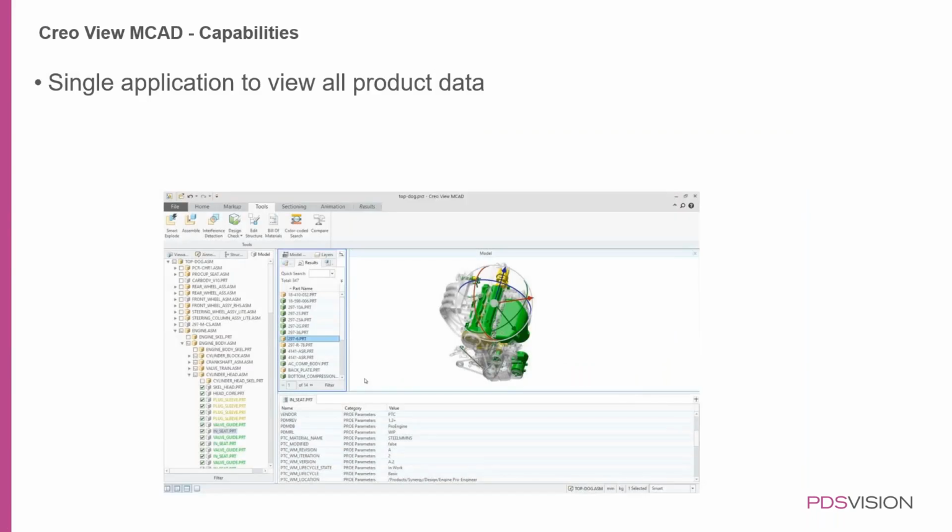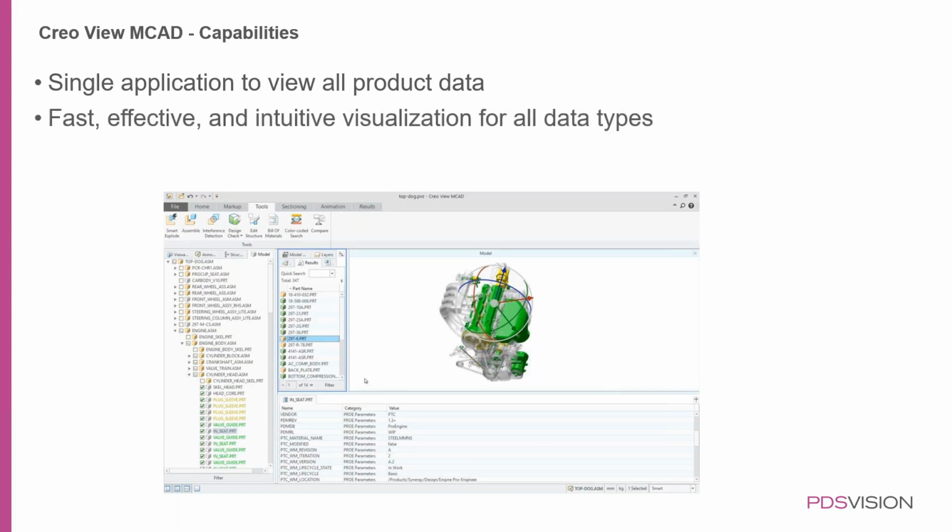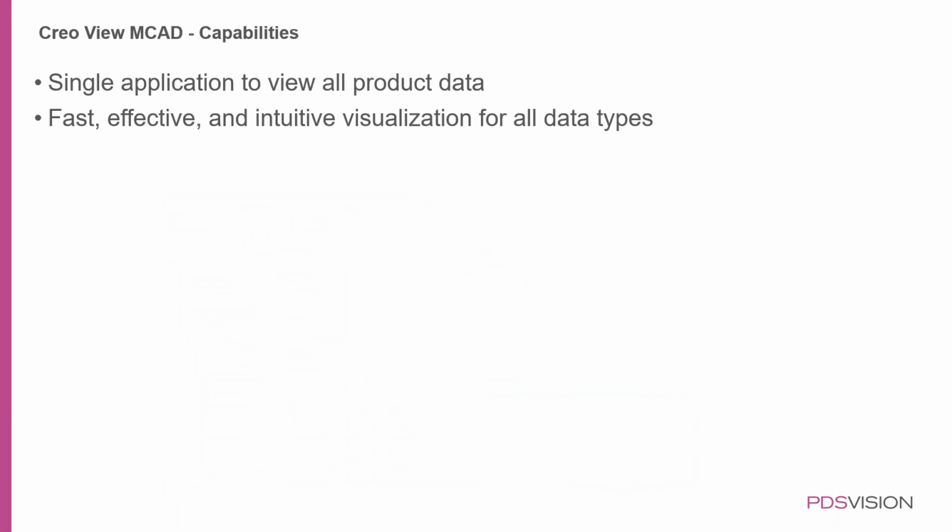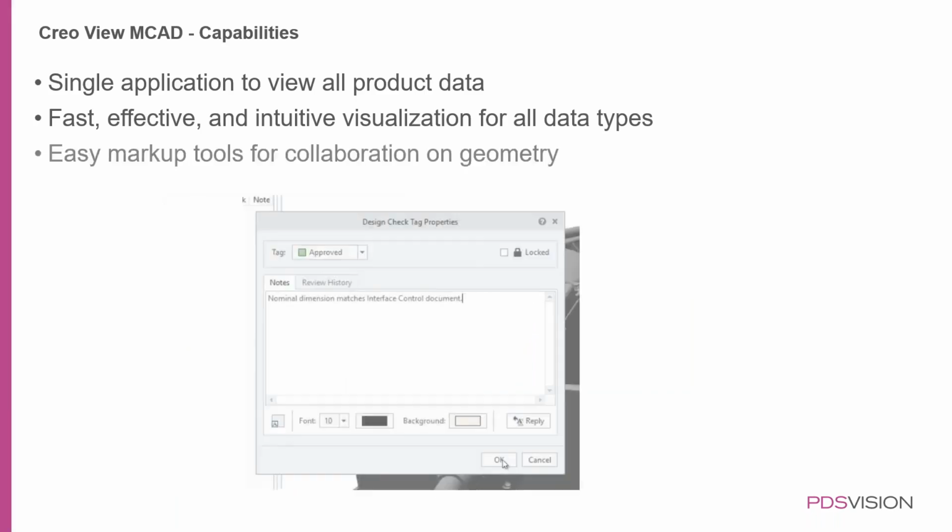So with Creo View MCAD, we can visually integrate ECAD and MCAD information within the same user experience, rapidly load massive data sets, and interact with their geometry, structure, and attributes, and capture design feedback.